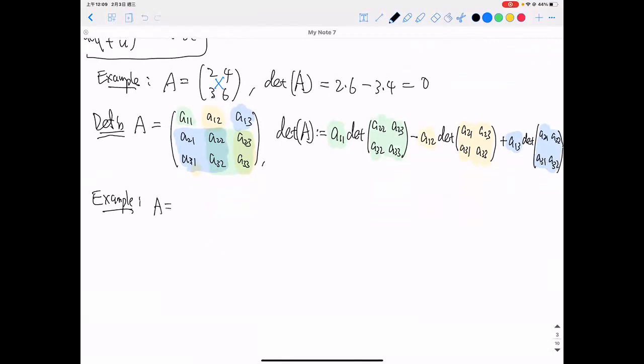Let's make it easy for me. So, the matrix with rows 1, 5, minus 2; 2, 3, 0; minus 1, 4, 1.